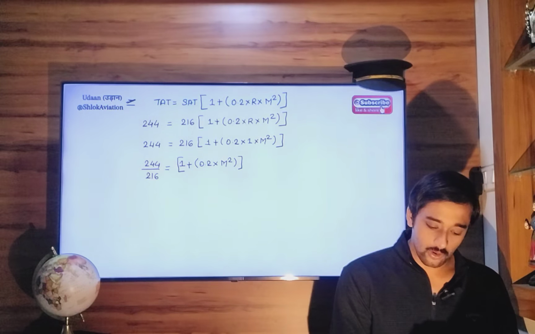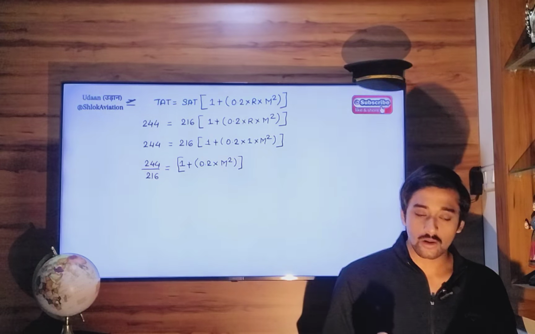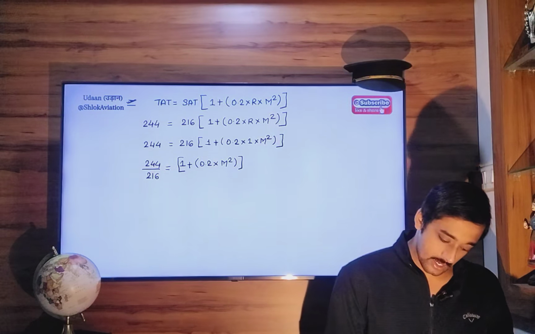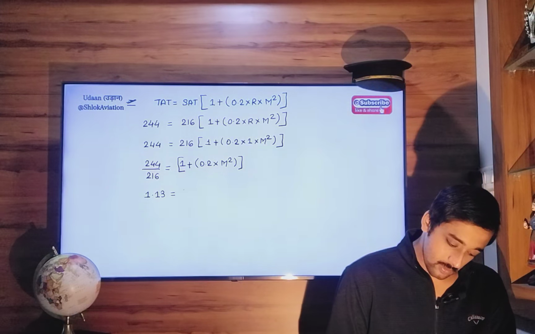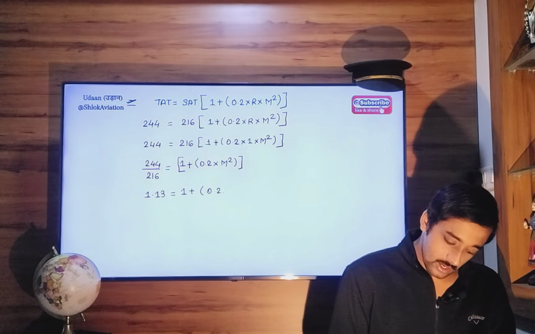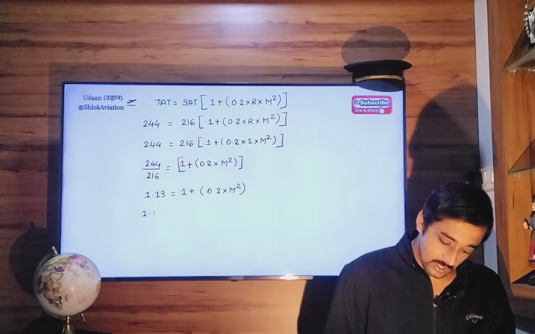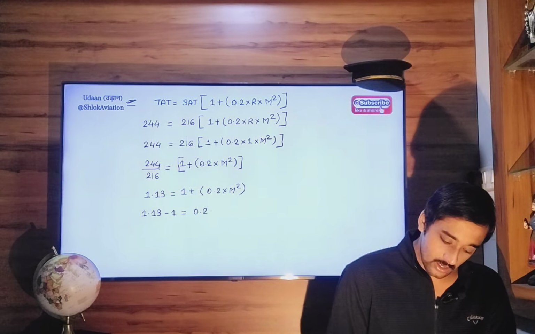So 244 divided by 216 is 1.129. So let's consider 1.13, which is equal to 1 plus 0.2 into Mach square. So 1.13 minus 1 equals 0.2 into Mach square.